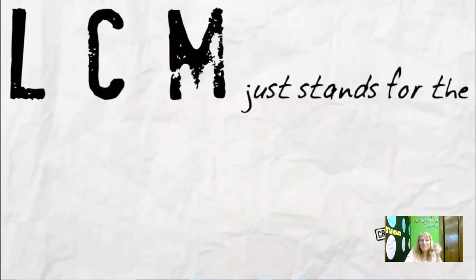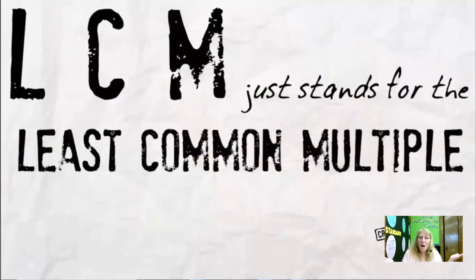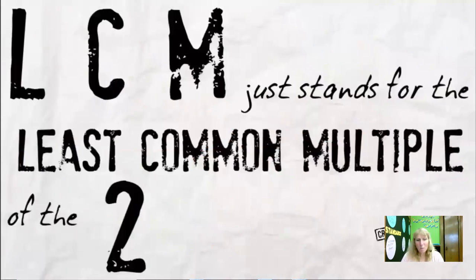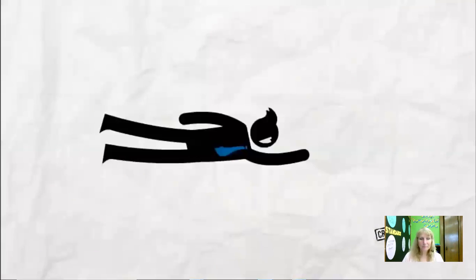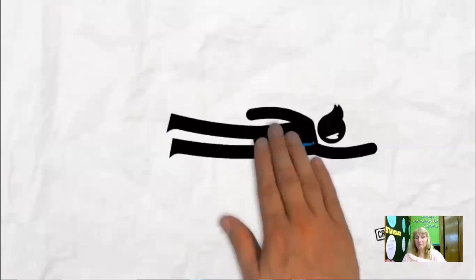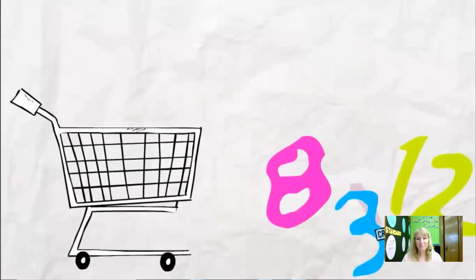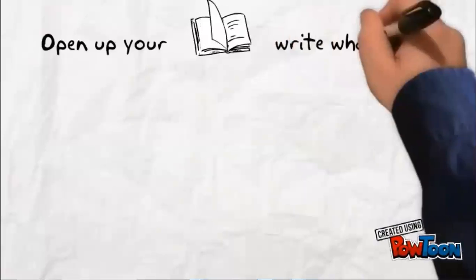The LCM just stands for the least common multiple of the two or more numbers. Open up your books, write what you see.